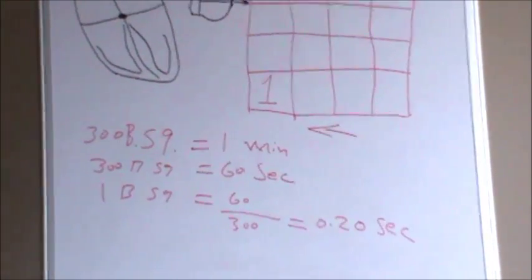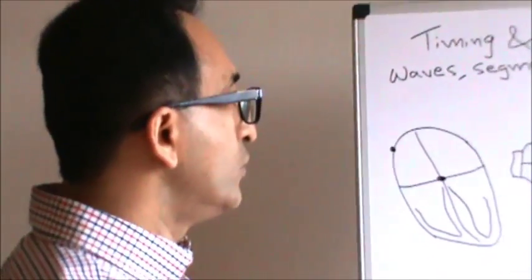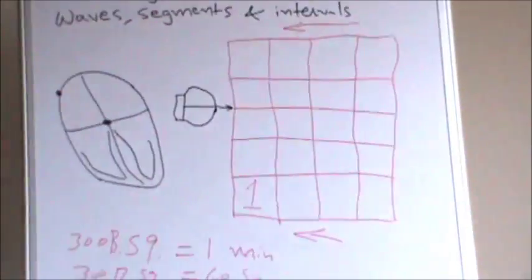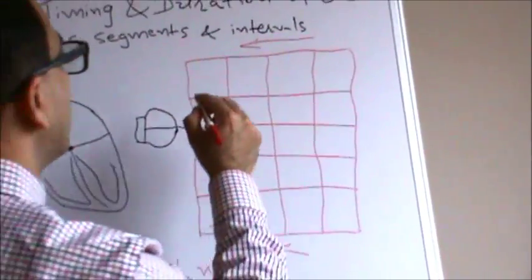Okay. Now, if you pay close attention to the ECG tracing, you would see that there are likewise small lines within those big squares. So it goes like this.